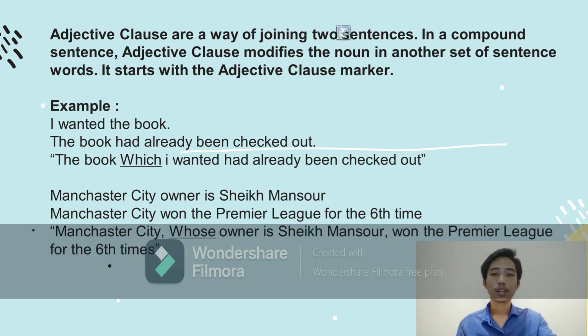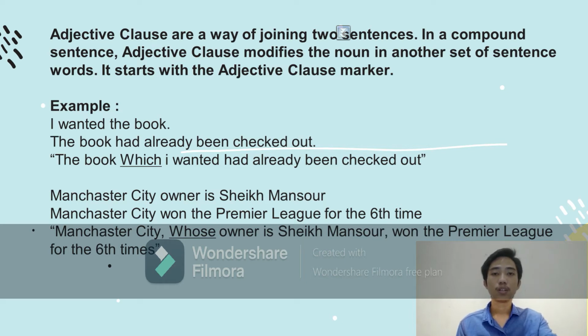To join these two clauses, we have to find the same noun in both clauses. In the first clause, I want the book, the noun is the book. And in the second clause, the book had already been checked out, the noun is the book. So the noun from these two clauses is the book. Now we just need to find the conjunction for this sentence.